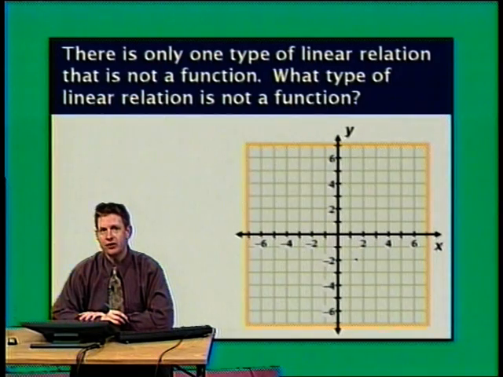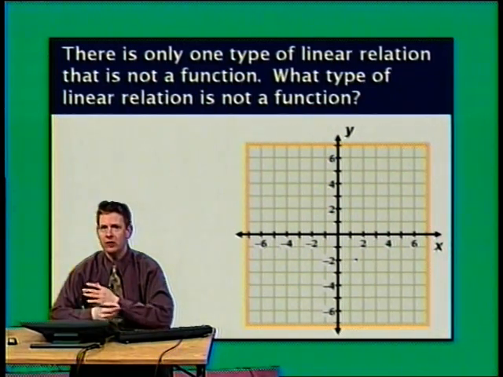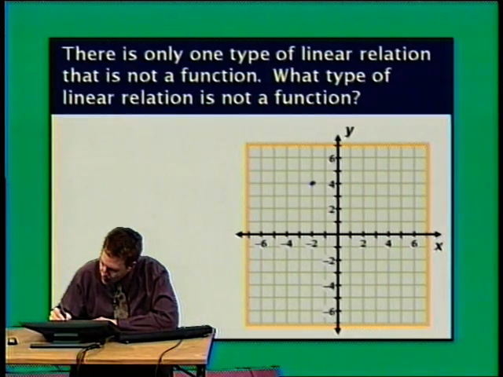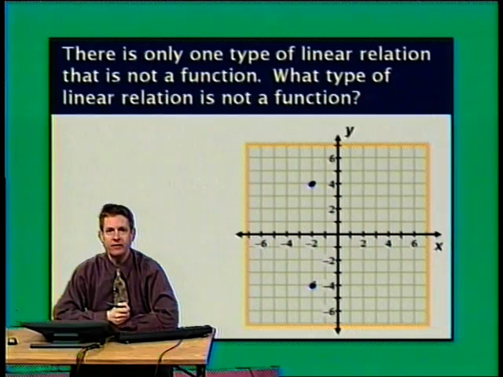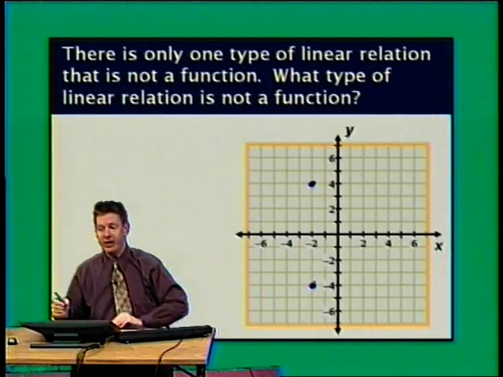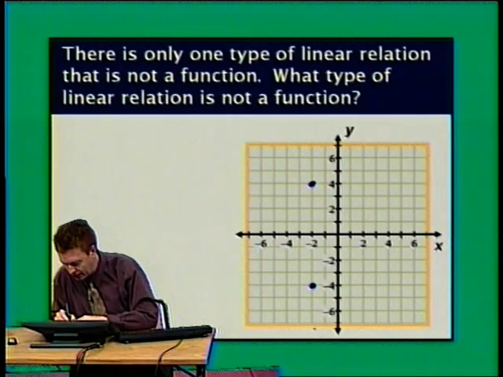So let's use this grid to help us think through this question. What makes a relation not a function? It's when 2 points have the same first coordinate. So let's just pick a first coordinate of, say, -2, and let's go ahead and plot 2 points that have a first coordinate of -2. Well, 2 points determine a unique line, and when we connect these 2 points, what sort of line do we get?